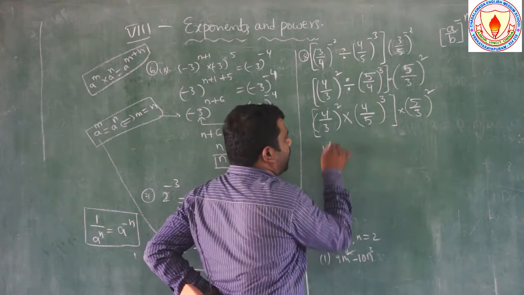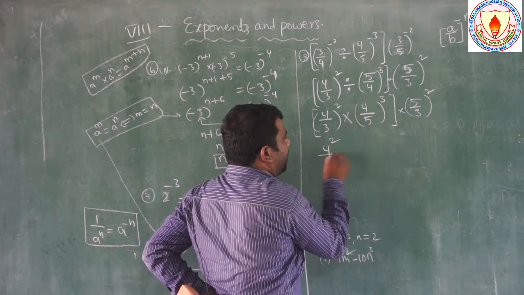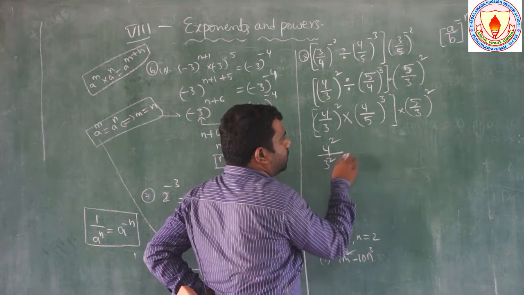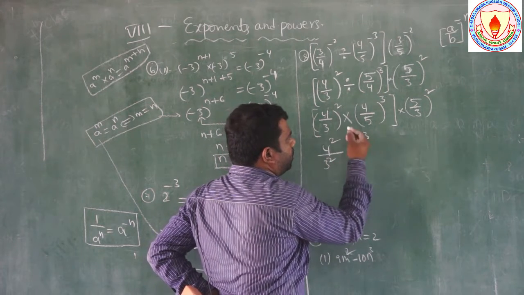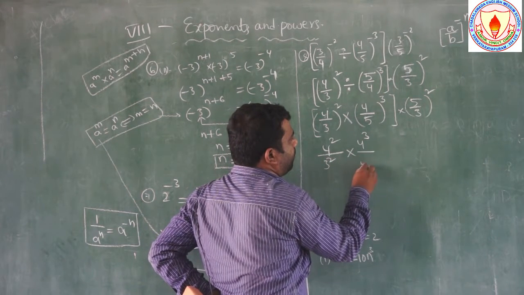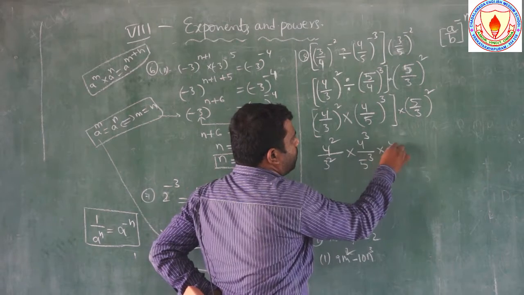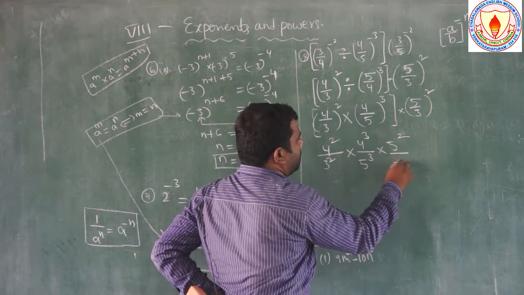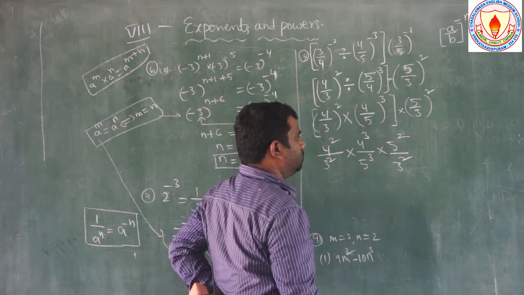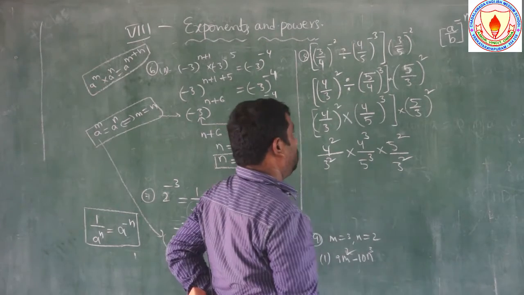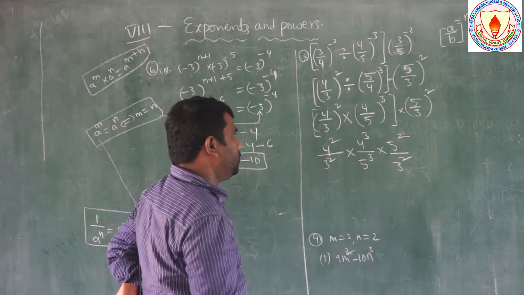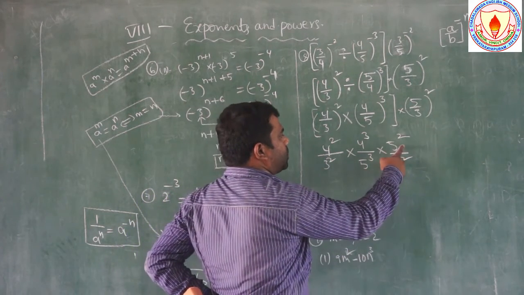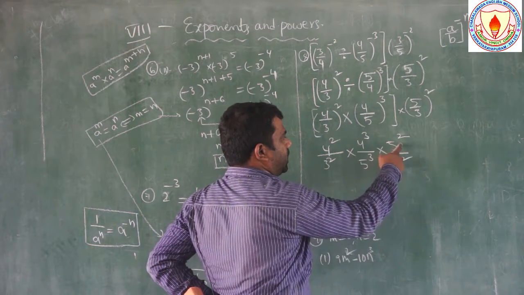So 4 square by 3 square into 4 cube by 5 cube into 5 square by 3 square. Okay now, see 5 square is there.